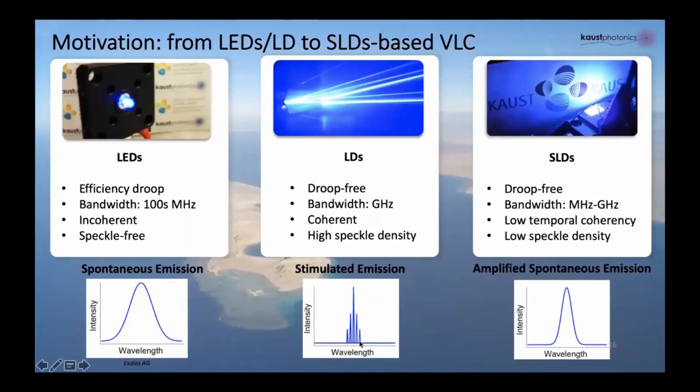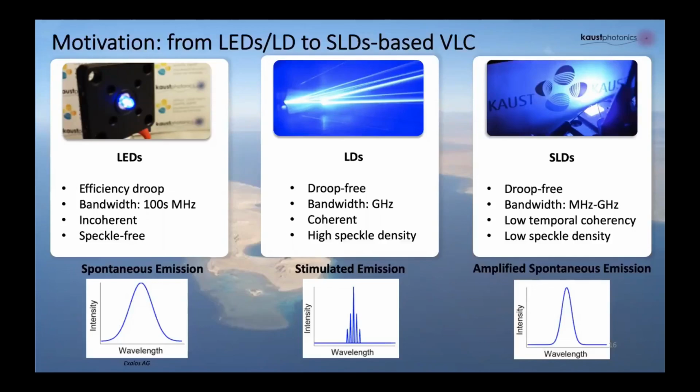So laser, we know, is a coherent light source, and LED is incoherent. And what is in between? In between, if you want to compromise, you have to go into a new class of light source called the superluminescent diode, or SLD. SLD has a low temporal coherence, and the emission line width is in between laser and LED.